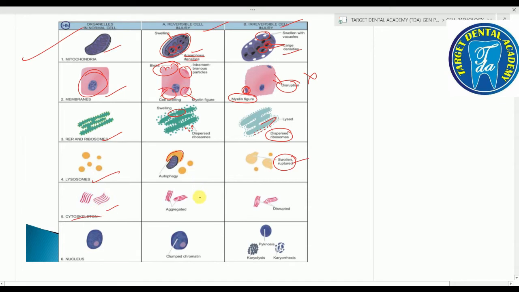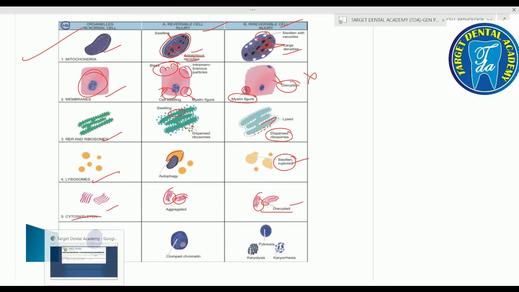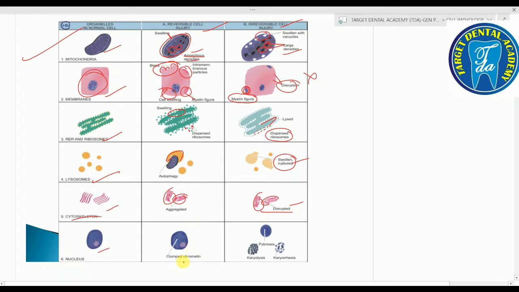Cytoskeleton, in the reversible cell injury, is aggregated, while in the irreversible it is disrupted. In the nucleus, in the reversible cell injury there is clumped chromatin, while in the irreversible cell injury there is pycnosis, karyolysis, and karyorrhexis. So this is the difference between all the organelles in reversible and irreversible cell injuries.